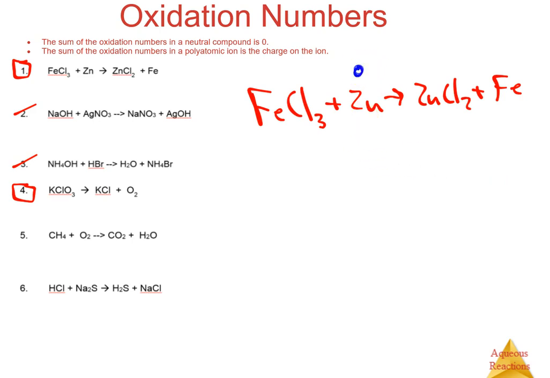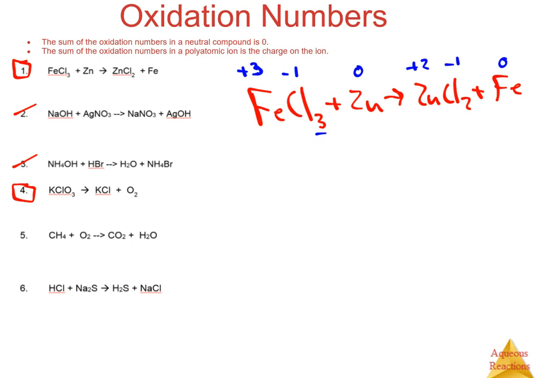The lone elements. Now, I look at them in compounds. Iron over here is a +3 because of this. That number goes up there. Chlorine is a -1. Over here, what's zinc's charge typically? +2. Chlorine's a -1. So chlorine really, for oxidation reduction, has nothing to do with this problem, right?